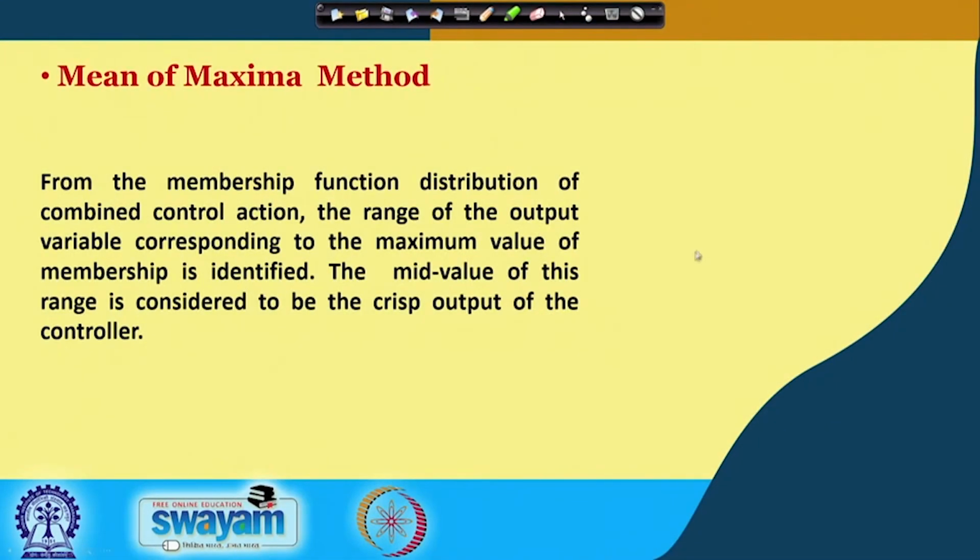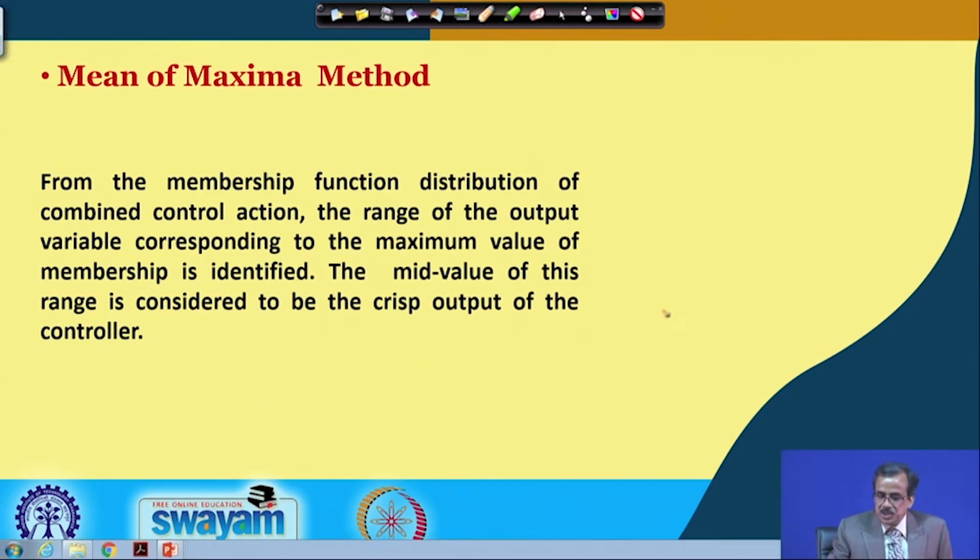The center of sums method and the centroid method will be difficult in terms of computation, particularly if I consider a nonlinear membership function distribution. Supposing that I consider one Gaussian distribution as the membership function distribution for the output. So, this is nothing but the Gaussian distribution for the output variable.